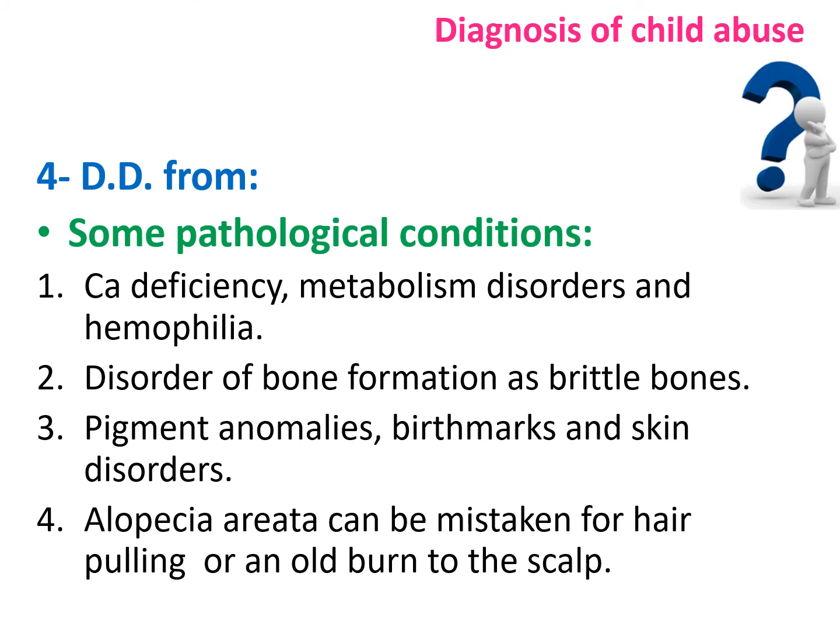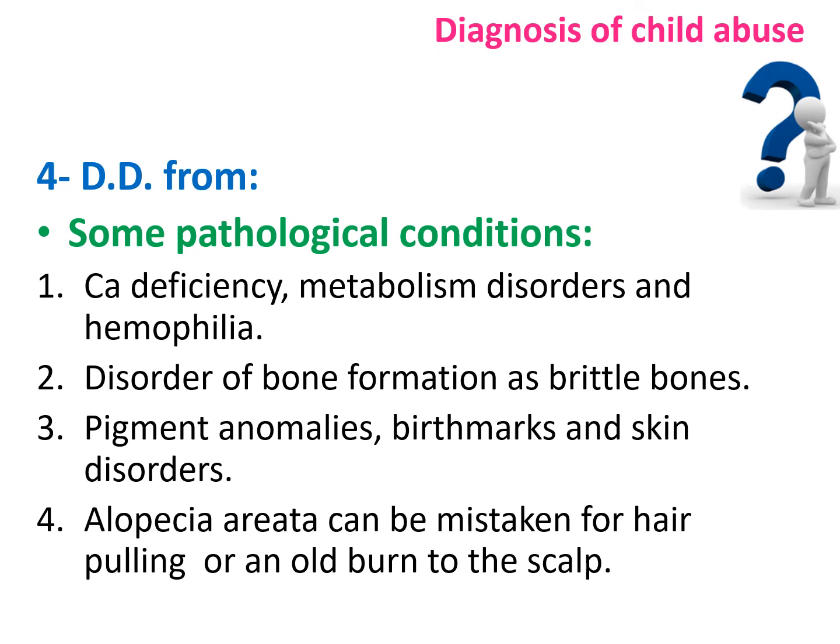This bleeding tendency may lead the child to have easy bruisability, so you will find multiple bruises, and these bruises may be at different ages of healing. So this may raise suspicion of child abuse, but in this case, it is caused by the bleeding disorder in this child, not due to child abuse.